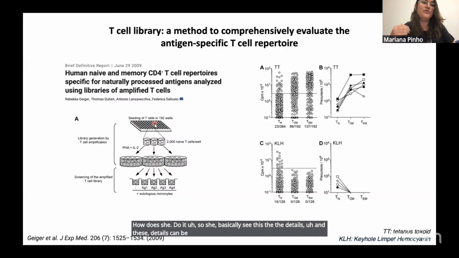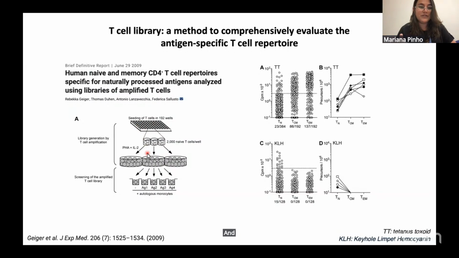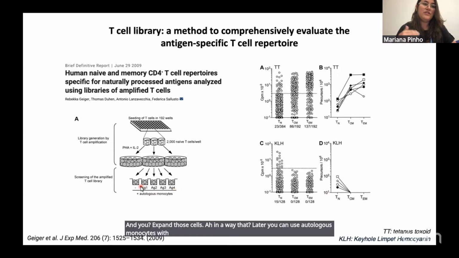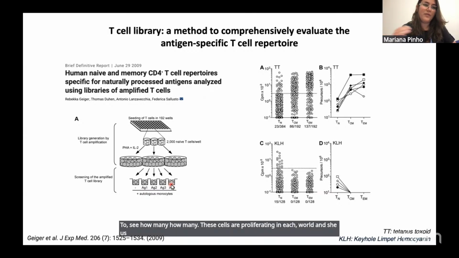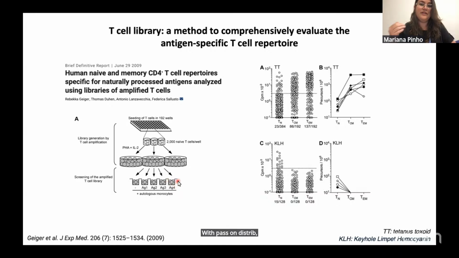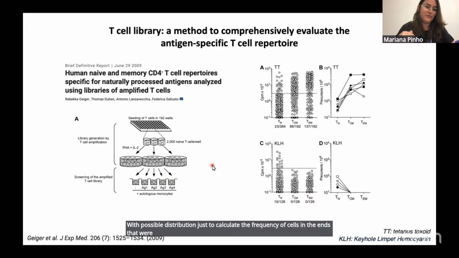For example, you just sort the naive T cells or the memory T cells, and you expand those cells in a way that later you can use autologous monocytes with different antigens to see how many T cells are proliferating in each well. And she uses a kind of complex mathematics with Poisson distribution to calculate the frequency of cells that were initially in the well that were specific.